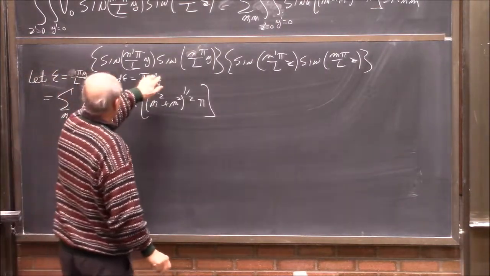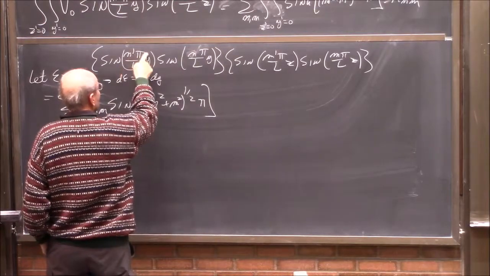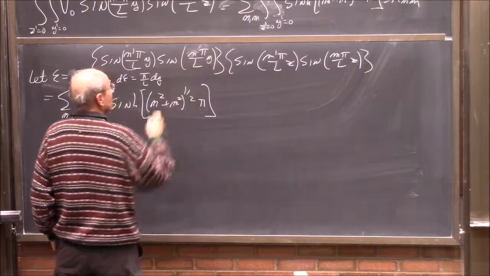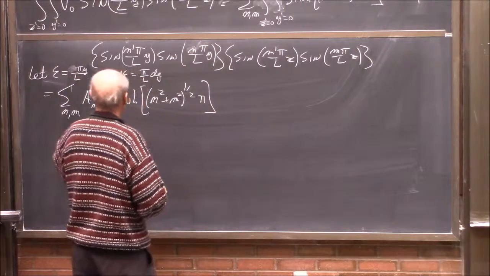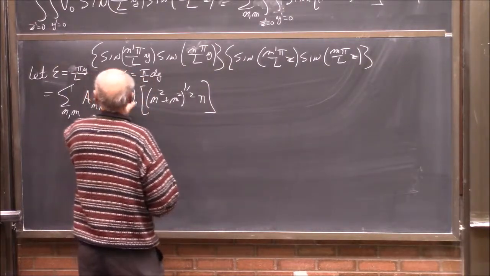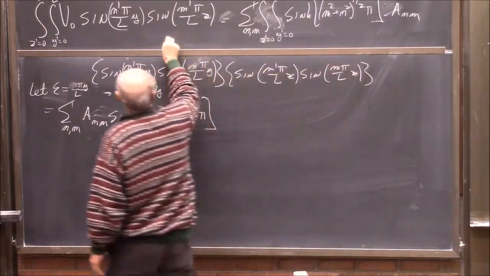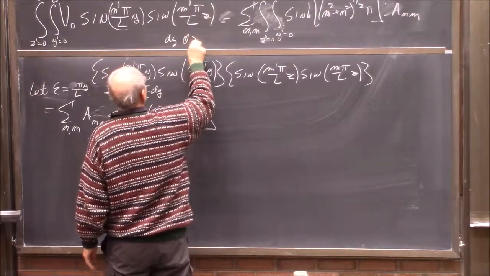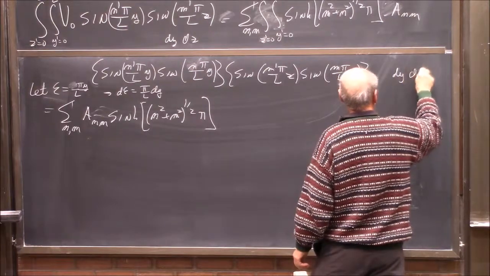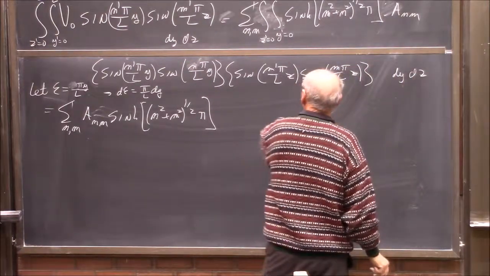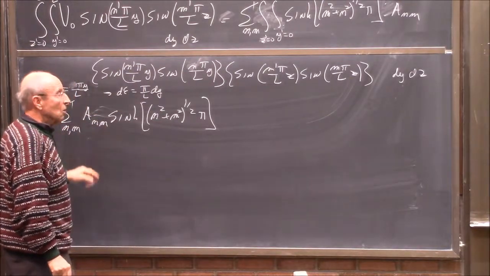And so when I have this thing, this will become sine n prime squiggle and sine n squiggle. And I will have to multiply, because I'm integrating these things here, dy dz, and integrating here dy dz, I will get, because of this, an L over pi times d squiggle.